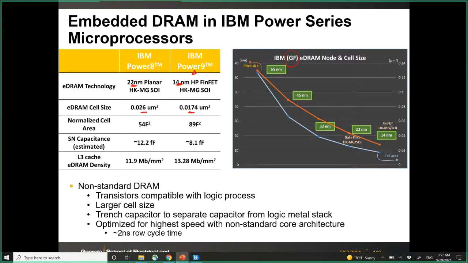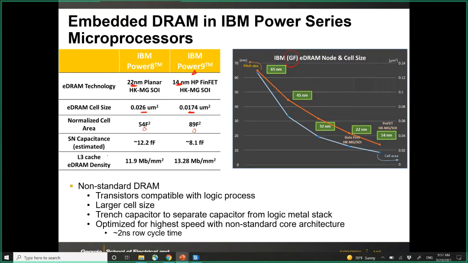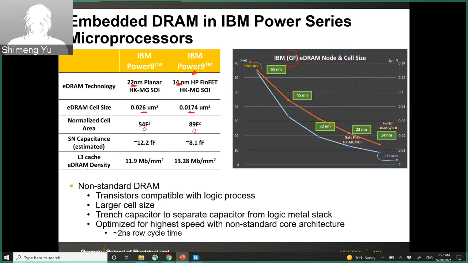But if you still use that to normalize, then the cell area will be about 54F squared or 89F squared. So it's still smaller than the SRAM at the same technology node, at least a 2x or 3x improvement in density. So that is the density for the eDRAM.